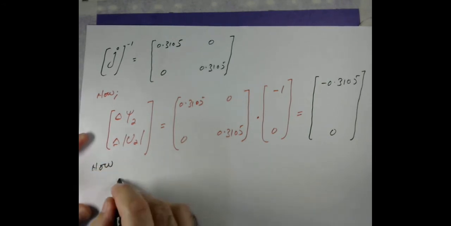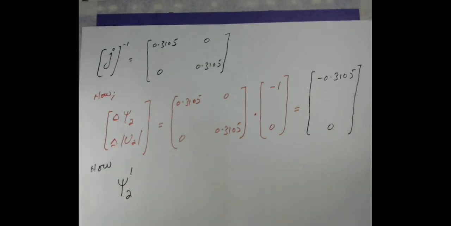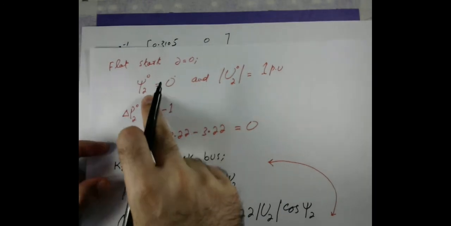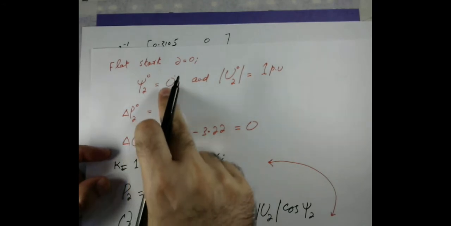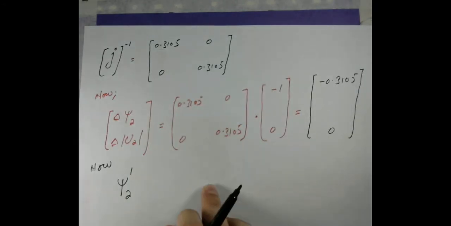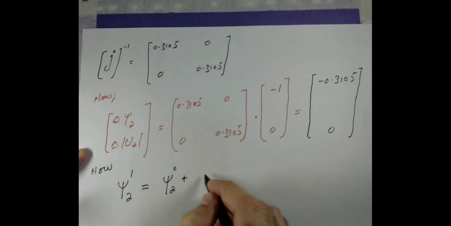Psi 2 1. If you remember, in the first estimate, in the flat start, we assigned a value of 0. We put psi 2 equal to 0 and u2 equal to 1 per unit. Now I will add the errors to the initial guess. So psi 2 will be the initial guess plus the error, delta psi 2 0.